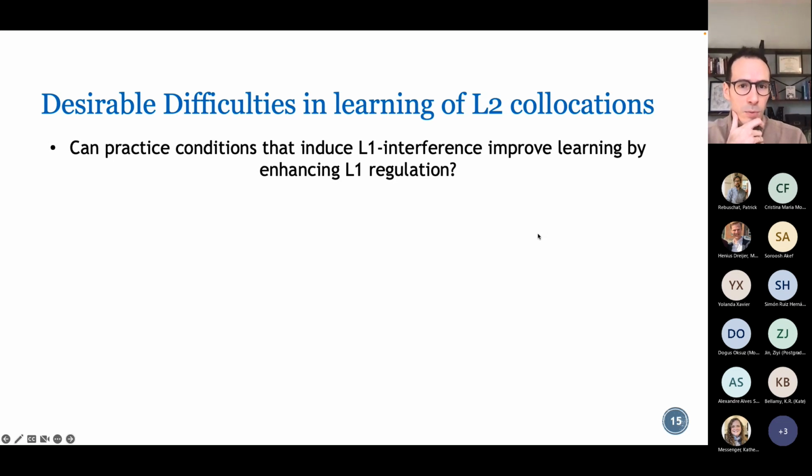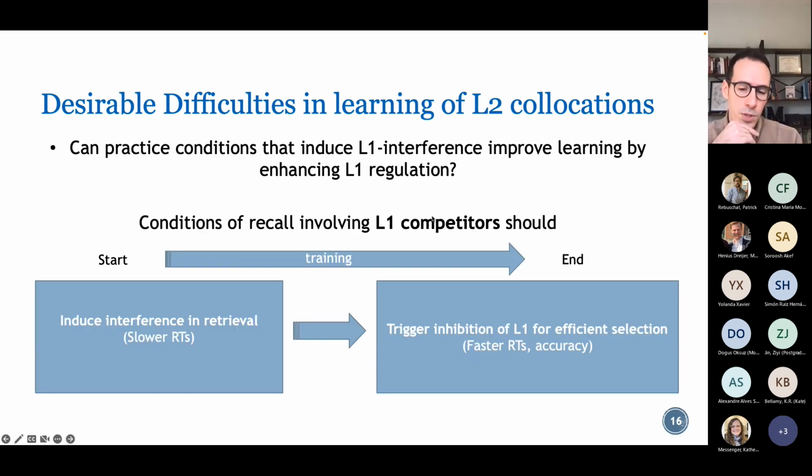So the idea we explored here, I did with my former dissertation advisor, Julie Ducius, was can practice conditions that induce first language interference improve learning by allowing to develop first language regulation? So let me give you a concrete example of how this might play out in terms of what our predictions might be.